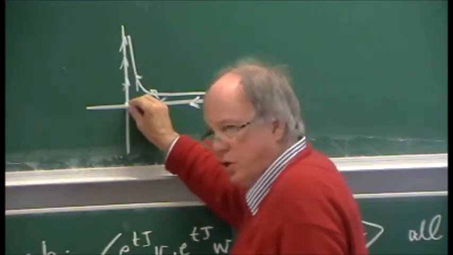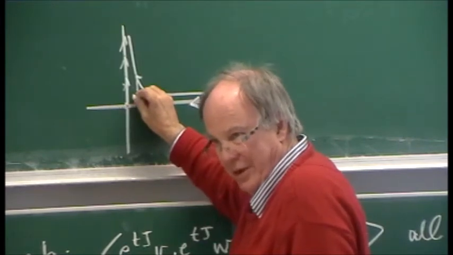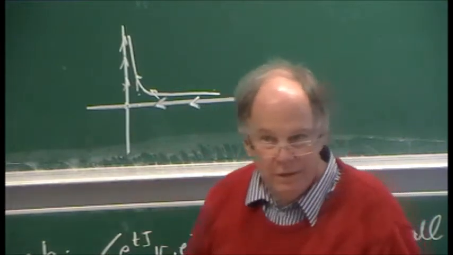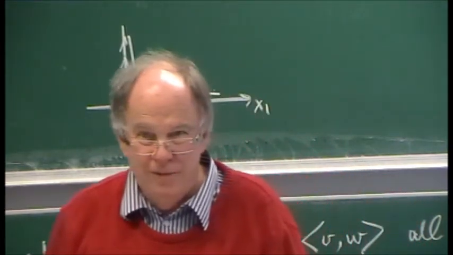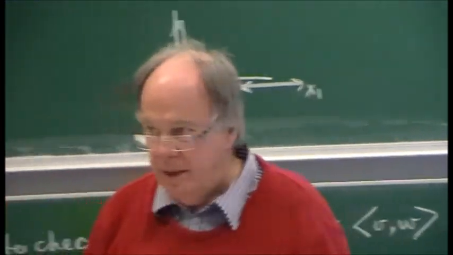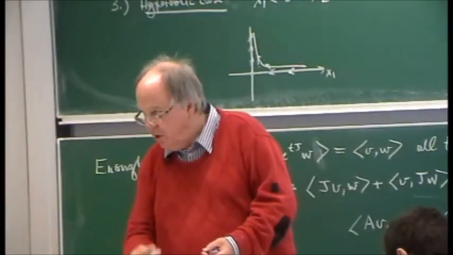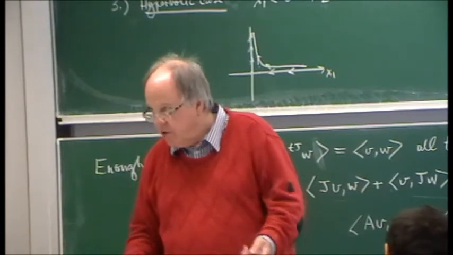You get a small disturbance, here's a small disturbance, and Auf Wiedersehen, you go away. This is hyperbolic dynamics. Stable manifolds in and out maybe, but a small disturbance this way, Auf Wiedersehen.